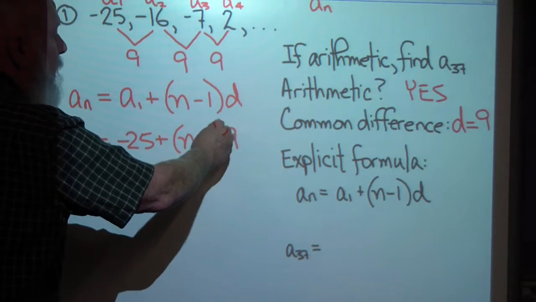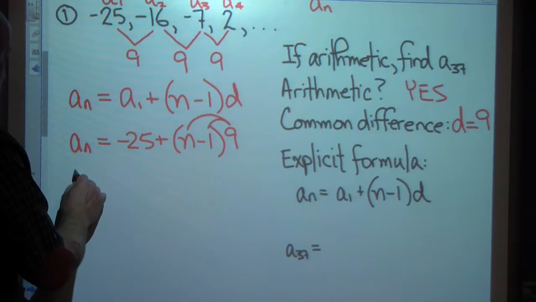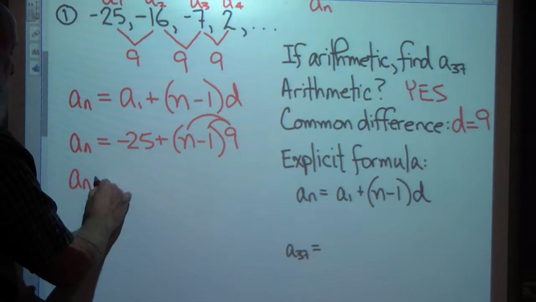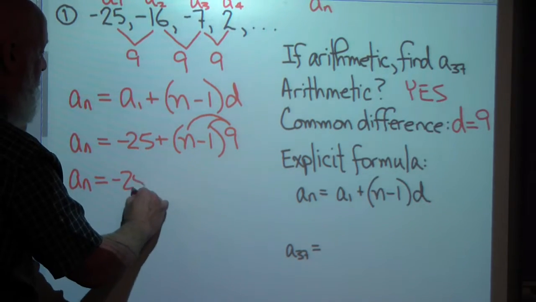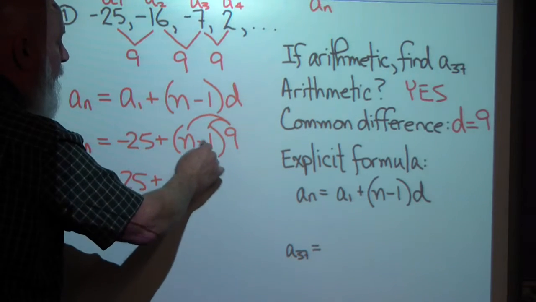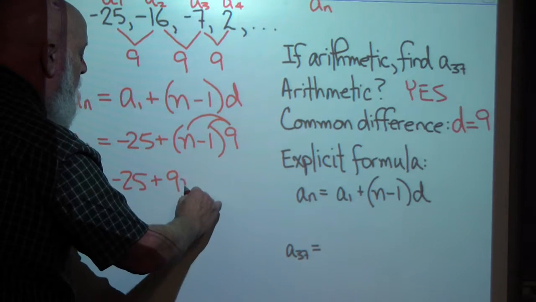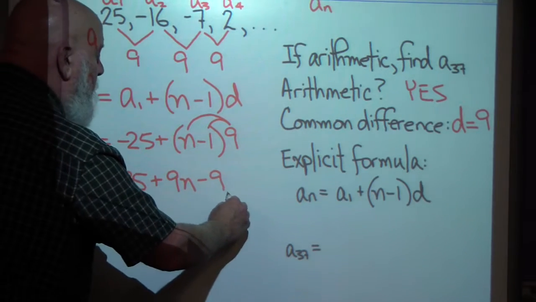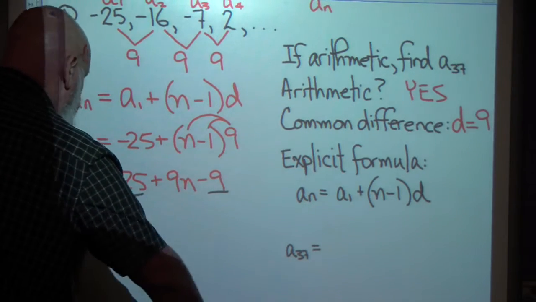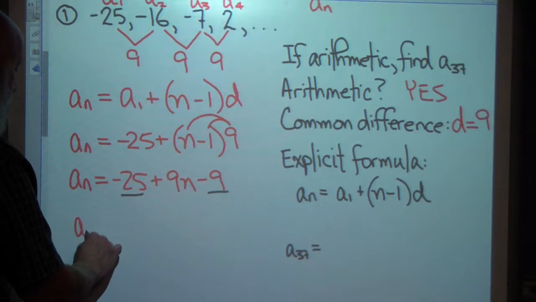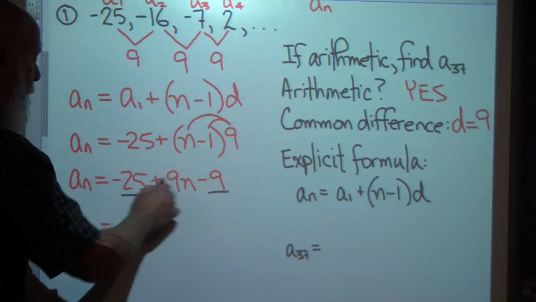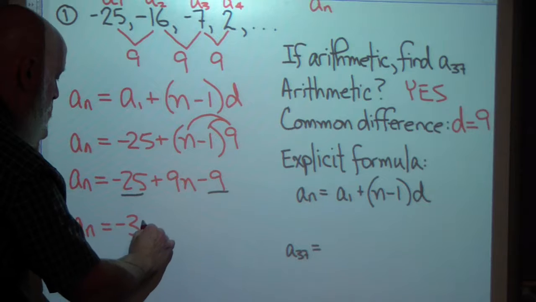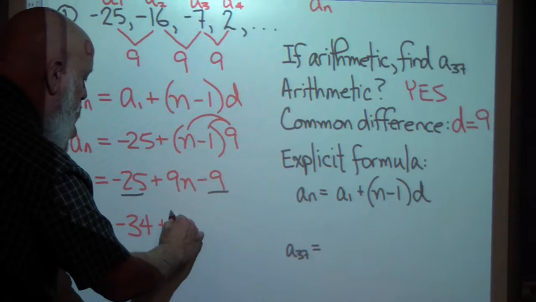I would then open these parentheses. a sub n is equal to negative 25, and I would use the distributive property, plus 9n minus 9. I just distributed that. And then I would combine these like terms. That would give me a sub n is equal to negative 34 plus 9n.